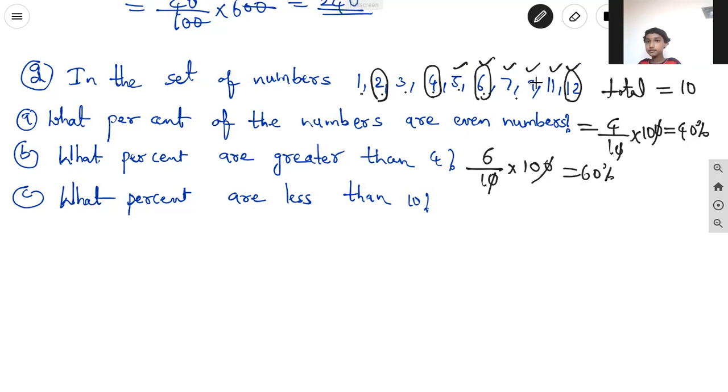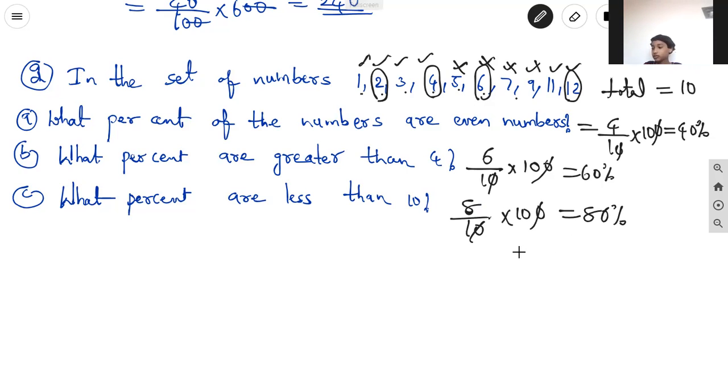Less than 10 means 1, 2, 3, 4, 5, 6, 7, 8. 8 numbers are less than 10. So 8 by 10 into 100. 80% numbers are less than 10. This is the way we use the percentage of numbers in real life. Okay.